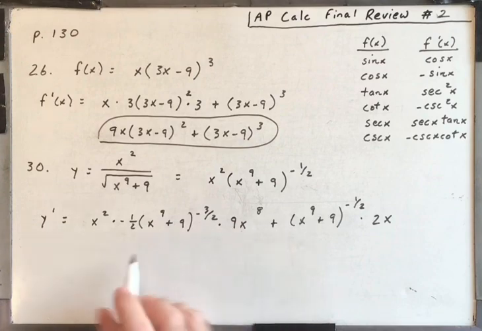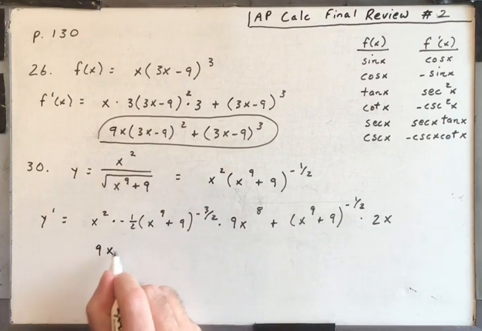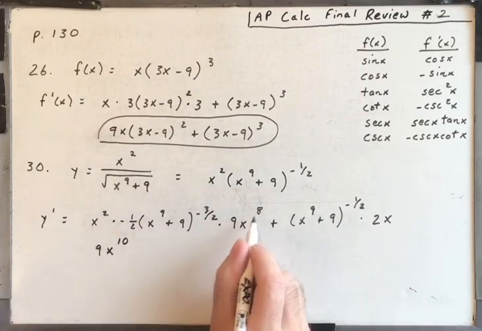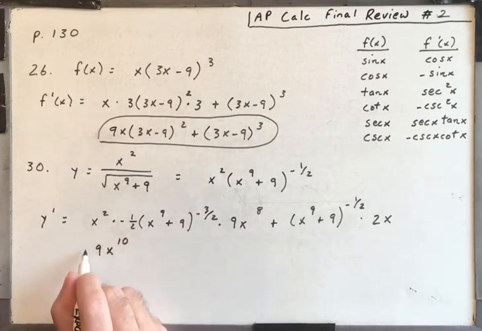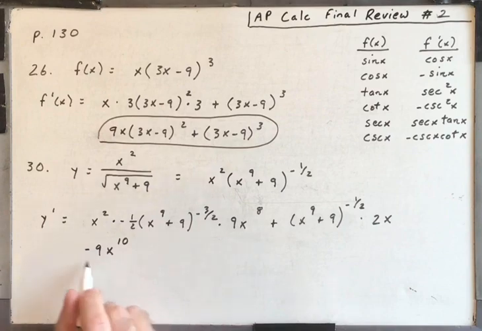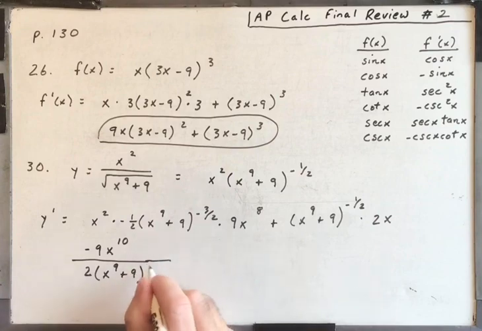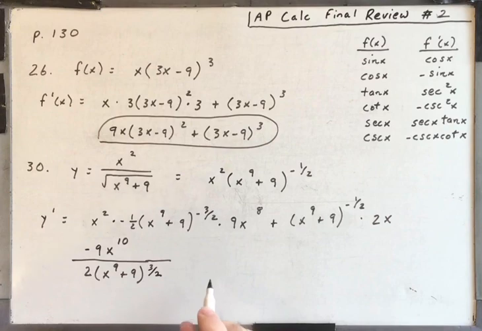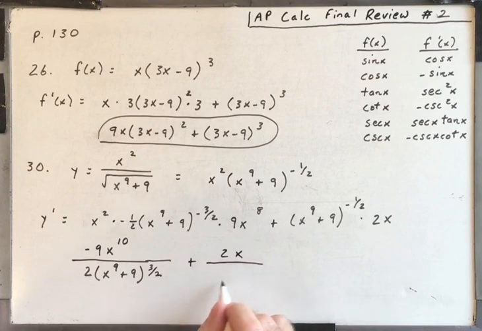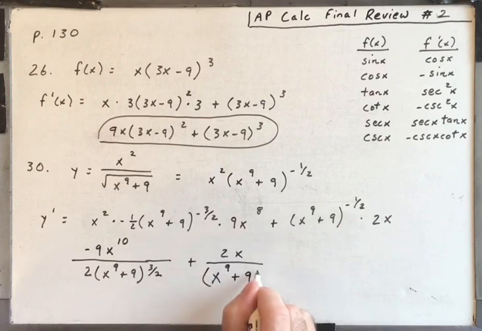Now let's clean all this up. So on top I would have 9x to the 10th, x squared times x to the 8th. There is also a negative there because of that negative 1/2, over 2 times (x to the 9th plus 9) to the 3/2, plus 2x over (x to the 9th plus 9) to the 1/2.